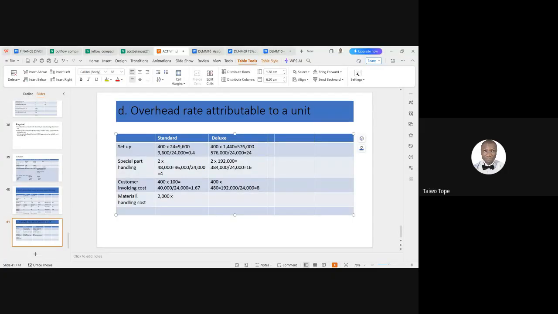How many do we have for standard? 12. You have it as 24,000. Divide by 24. The answer is 19.